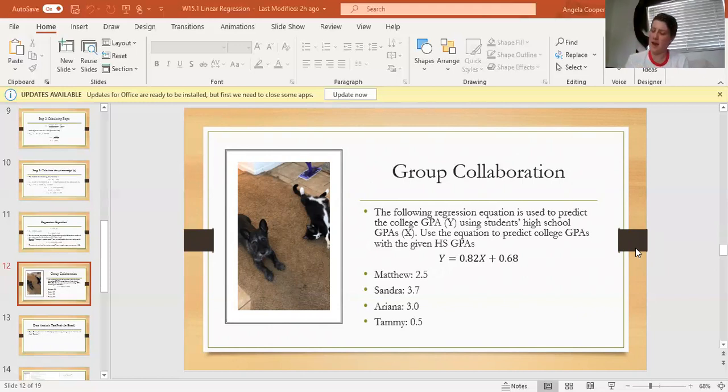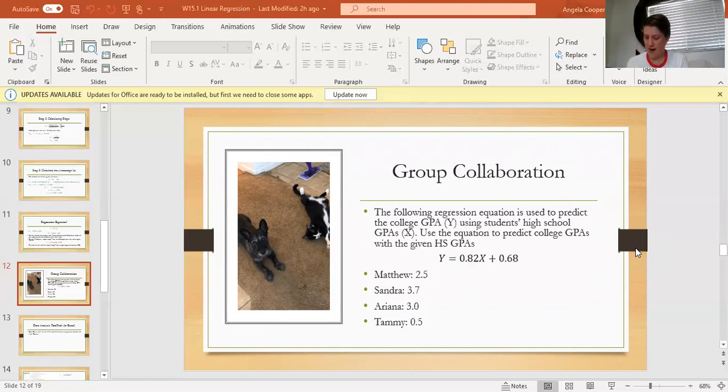The next person has a high school GPA of 3.7. So we're going to do the same thing: 0.82 times 3.7 plus 0.68. That second person has a predicted college GPA of 3.714, or just rounding it, 3.71.